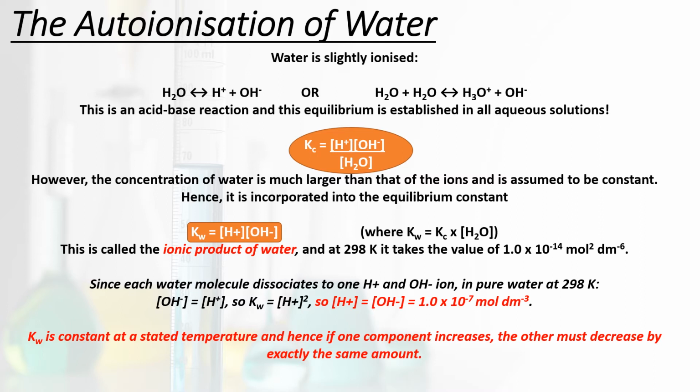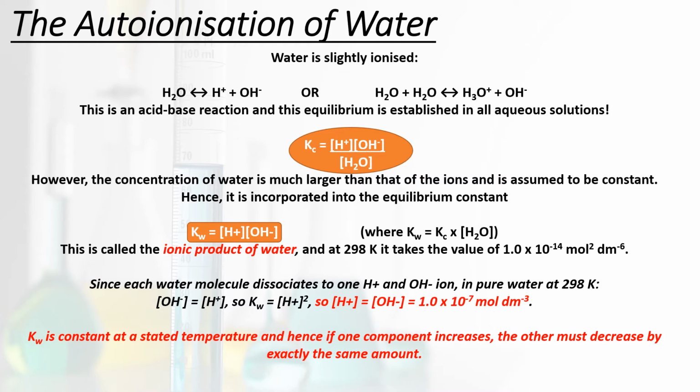And since each water molecule dissociates to one H+ and one OH- ion, in pure water at 298 Kelvin, the concentration of OH- ions must be equal to the concentration of H+ ions. So we can rewrite our Kw expression just using H+, and so therefore Kw equals the concentration of H+ squared.